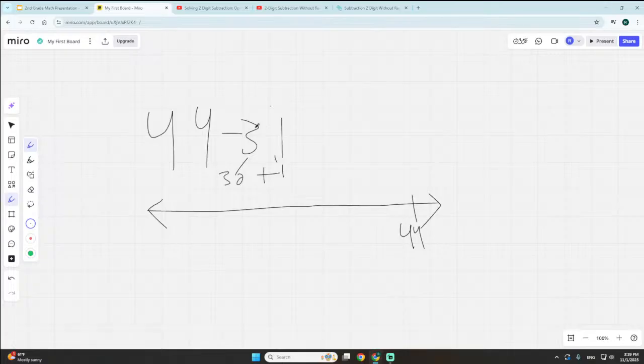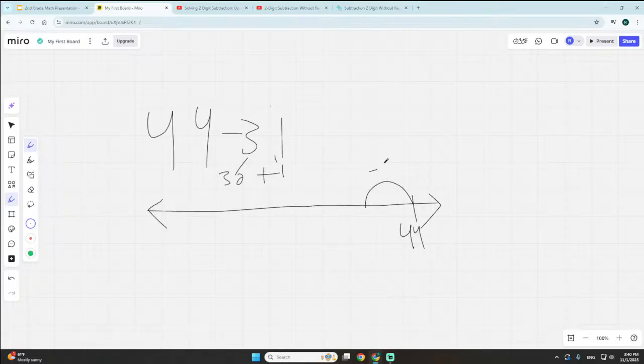So 3 is in the tens place, and 1 is in the ones place. So let's do the jumps. Quick question. How many jumps will we do of minus 10? Just a little quiz for you guys. So the answer is 3. We will do 3 jumps of minus 10 because we have 3 in the tens place.